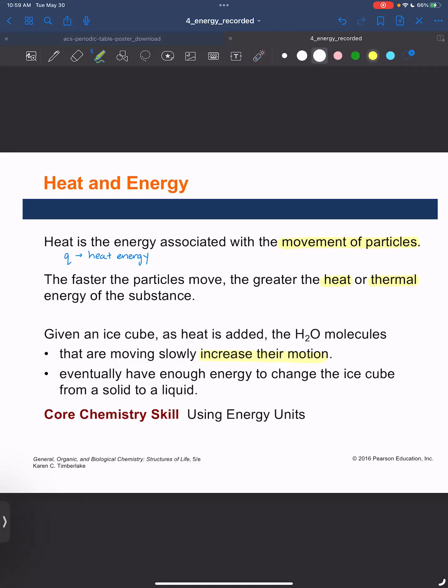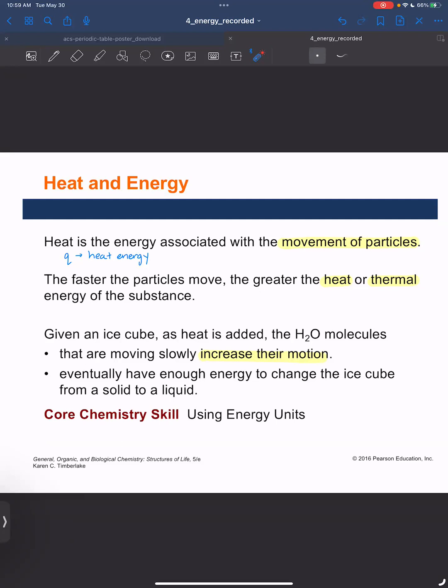And eventually they will have enough energy to change the ice cube from solid to liquid.